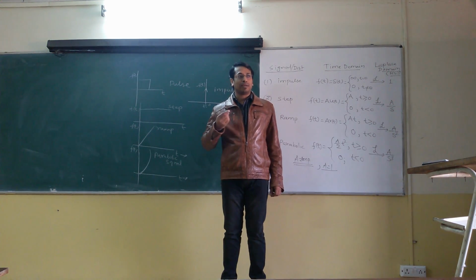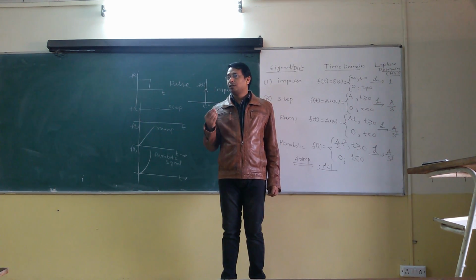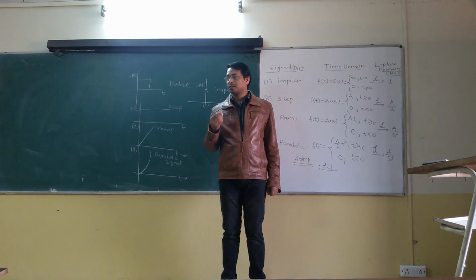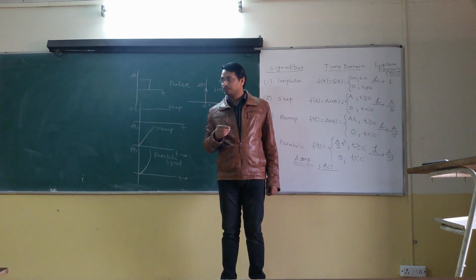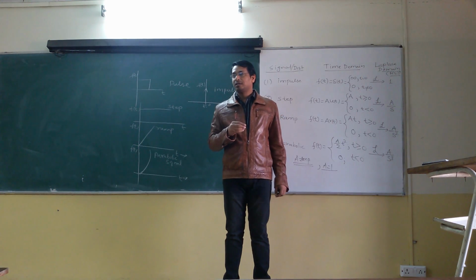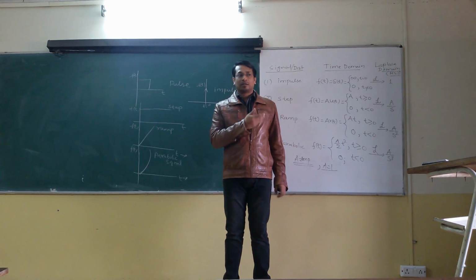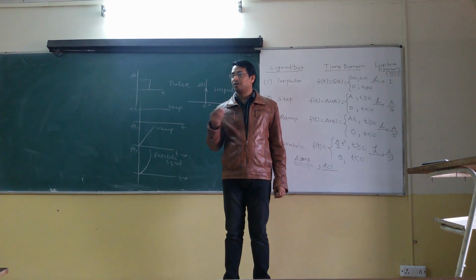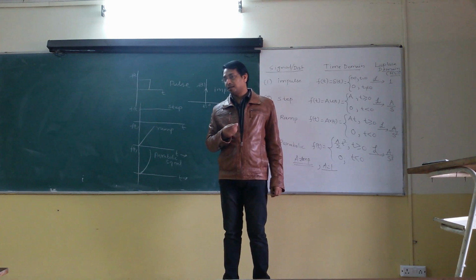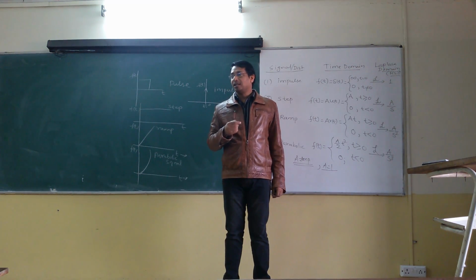So please note that in many cases you may come across a situation where even the reference or set point may not be in our control or may not be known to you. So your aim is to design a control system which will perform satisfactorily with such unknown cases. Disturbance is already unknown to you, and even your reference signal is unknown. In that environment your system should work satisfactorily.